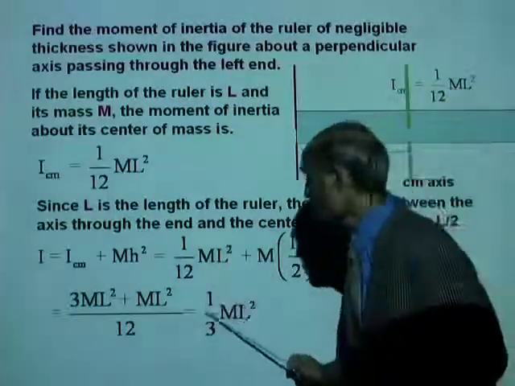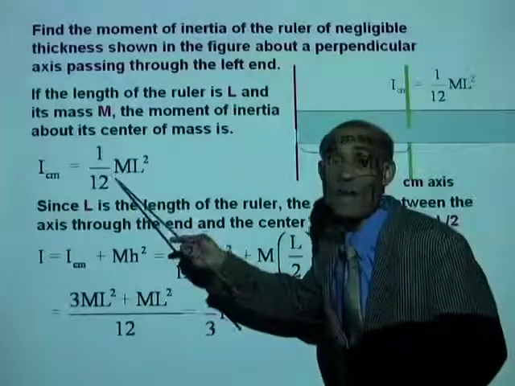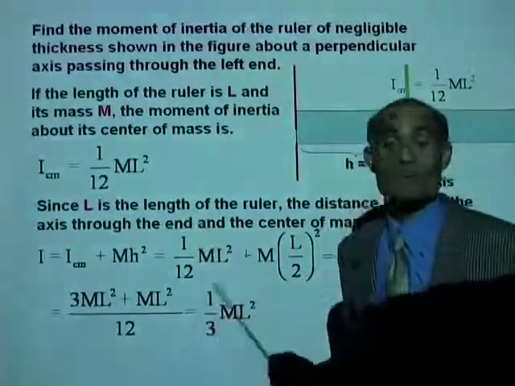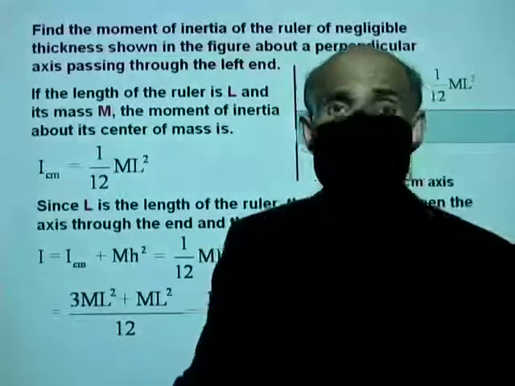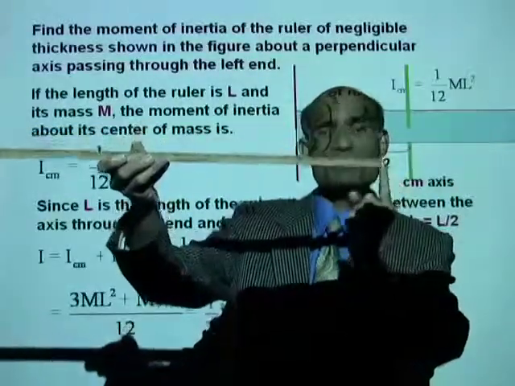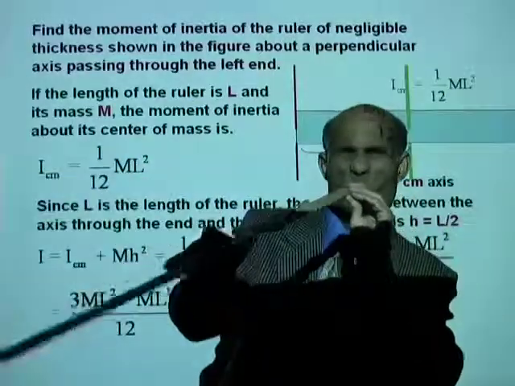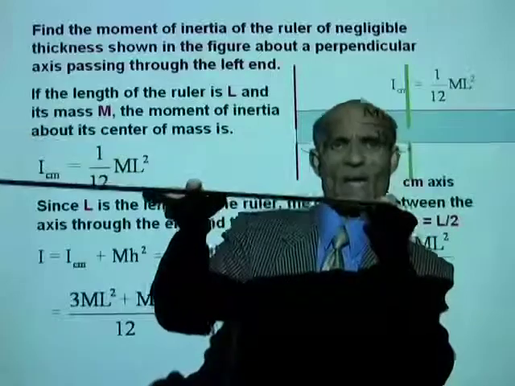And if you notice, this 1/3 ml squared is 4 times 1/12 ml squared. So if you want to rotate this ruler about one end, it's going to be very hard, because of the moment of inertia of this ruler, you see, I can't even hold it there.